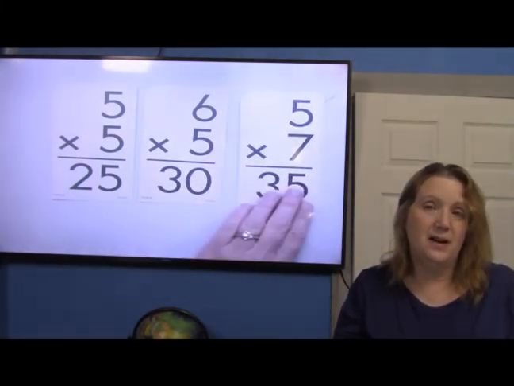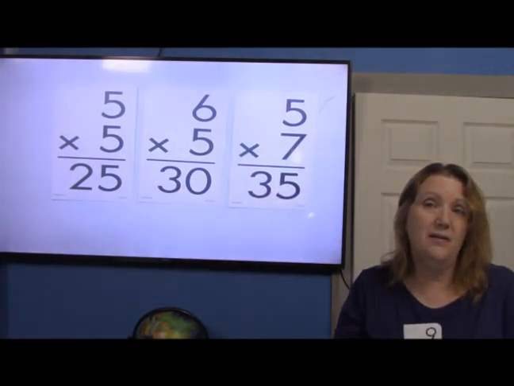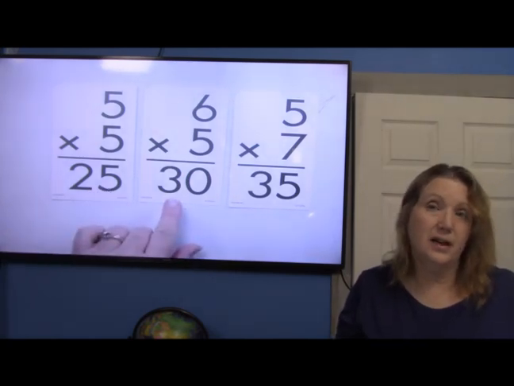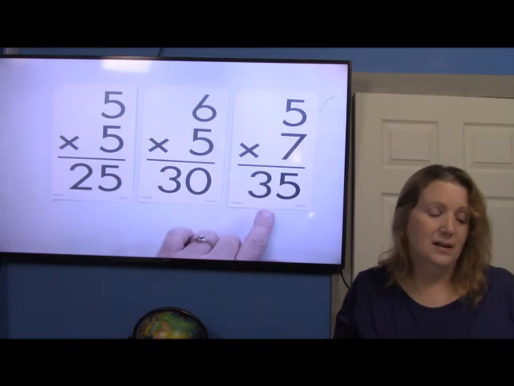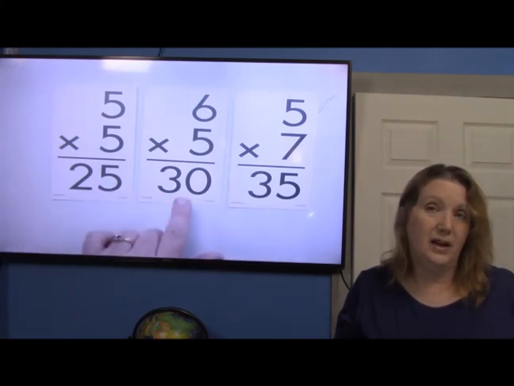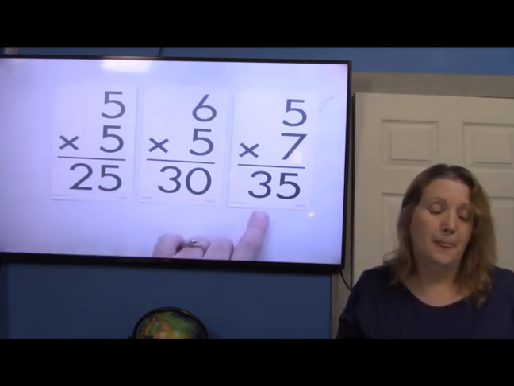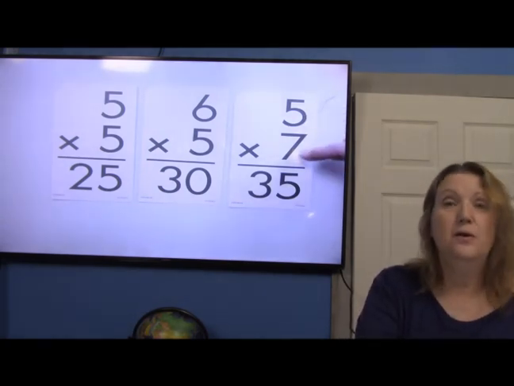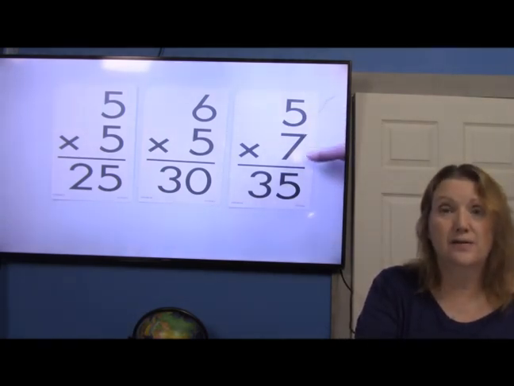Then I had 5 times 7, which is the same as 7 times 5. Notice 25, 30, 35. And again, it doesn't matter whether you have 5 times 7 or 7 times 5.